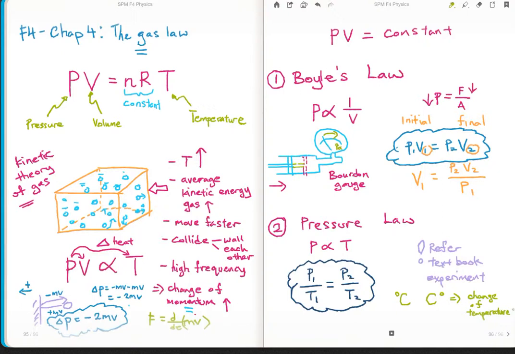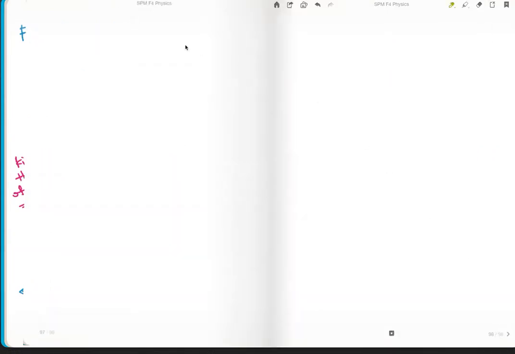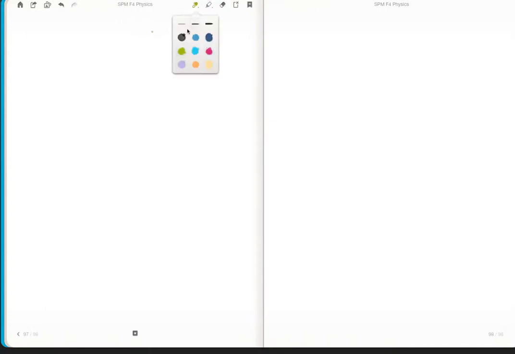So that's the pressure law. The last one is pretty straightforward. You have P and V, P and T, and the last one will be V and T. The third and last one is Charles's law.